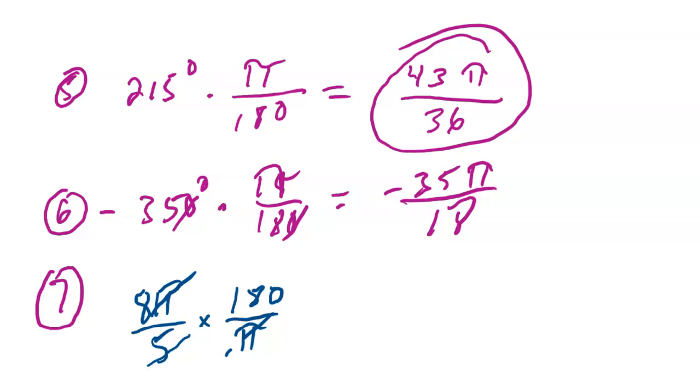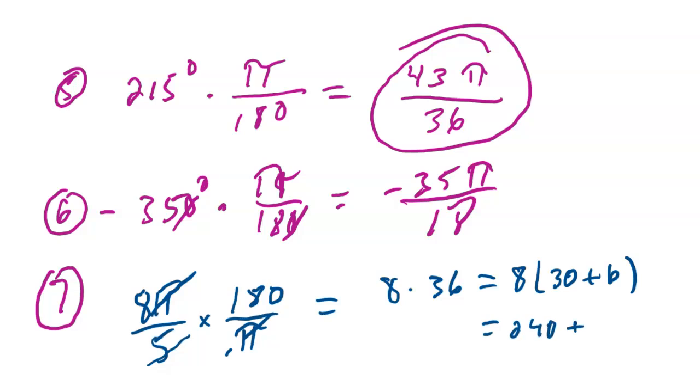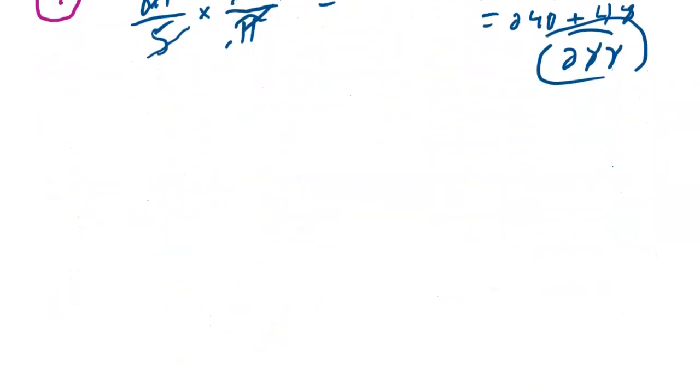So this is going to be 8 times 36, which is 8 times 30 plus 6, equal to 240 plus 48, which I think is 288 as the answer. Boom. Moving on.